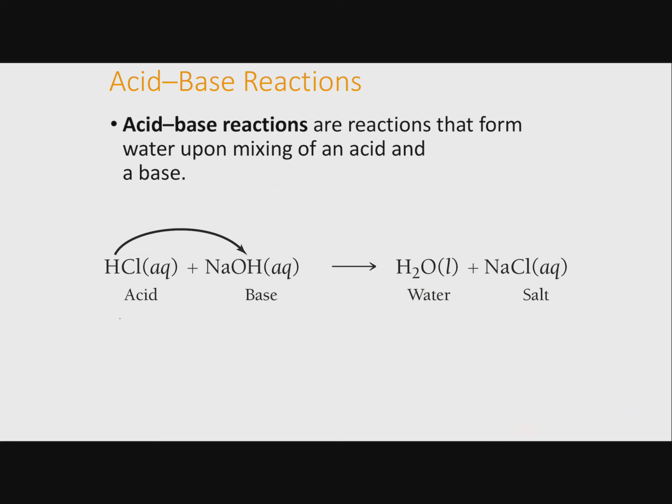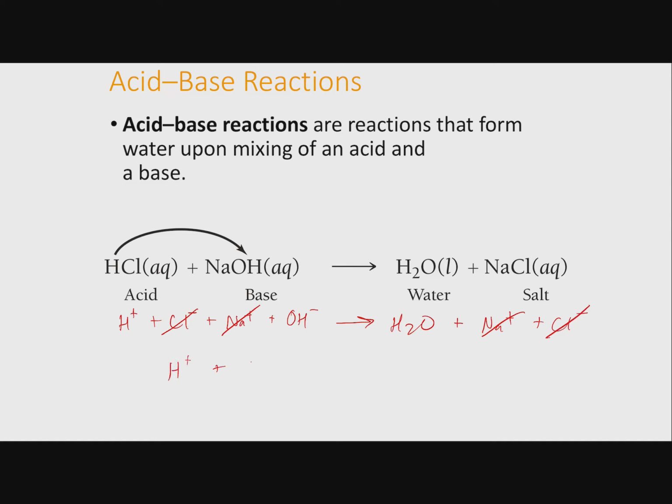So the net ionic equation of most acid-base reactions would be as follows. H+ Cl- plus Na+ OH- gives us H2O plus Na+ Cl-. Na+ and Cl- are spectators.